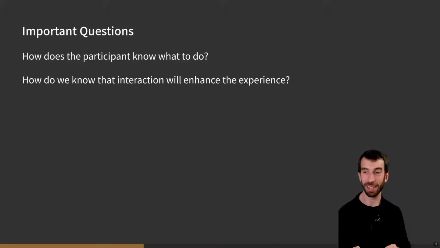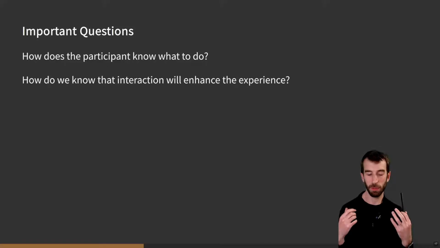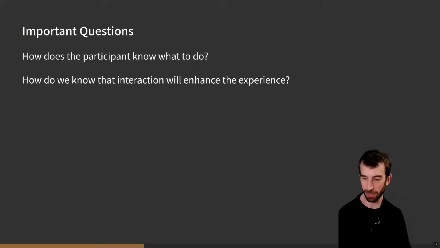One is that it's obvious what to do. One is that somehow you communicate to them what to do. So there's lots of possible answers that are valid. But when you're designing something, we want to be precise and want to be thoughtful about the answers to these questions.